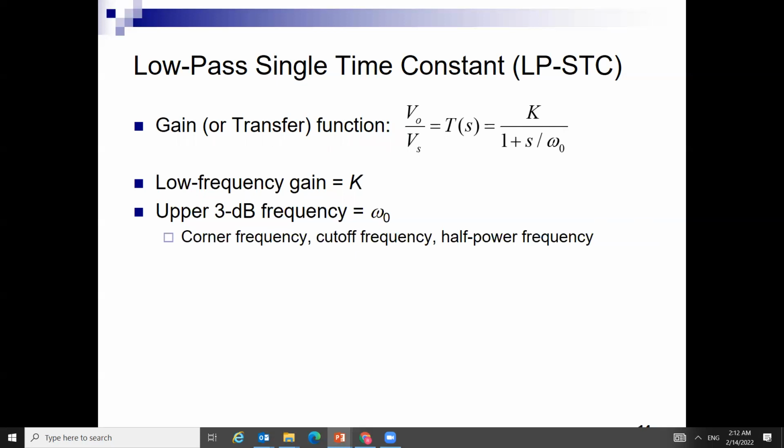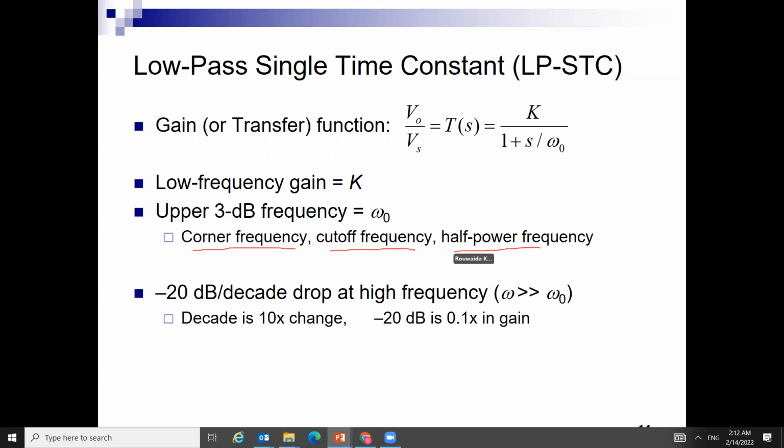We also have other names for it, which are the corner frequency, cutoff, or the half power frequency. And we explained that the slope after omega 0 is minus 20 dB per decade, and a decade is a 10 times change in the frequency. As the frequency increases by 10x, the gain drops by 20 dB.